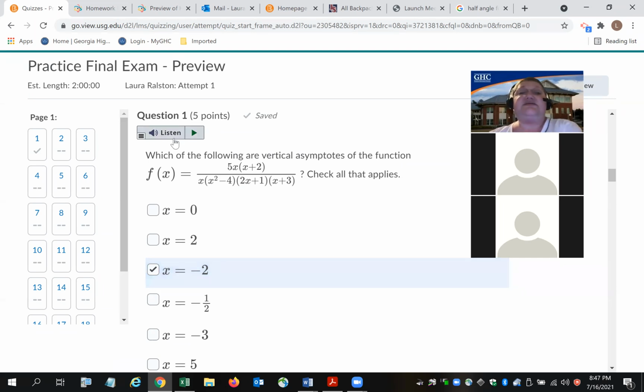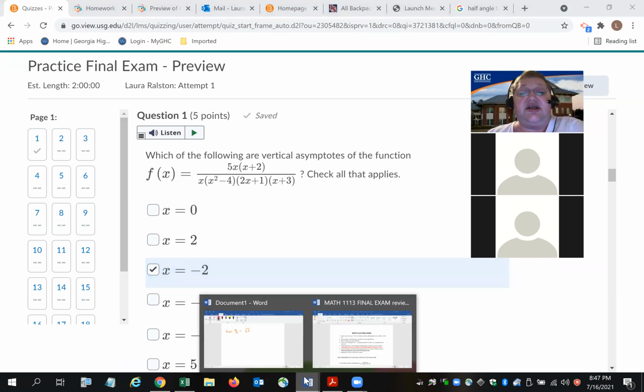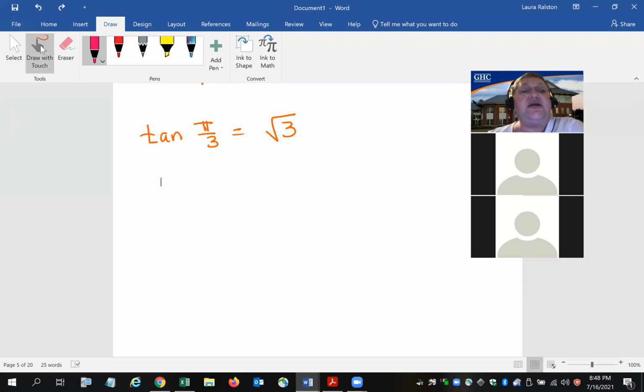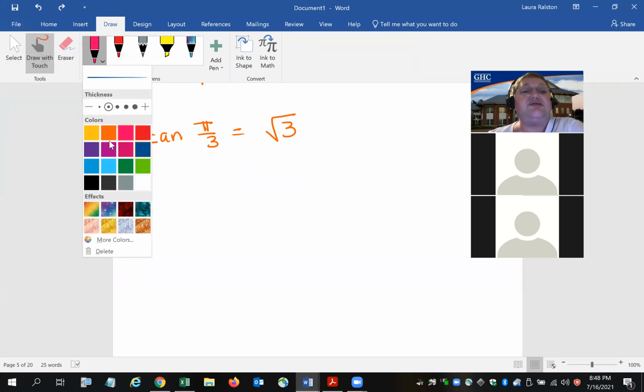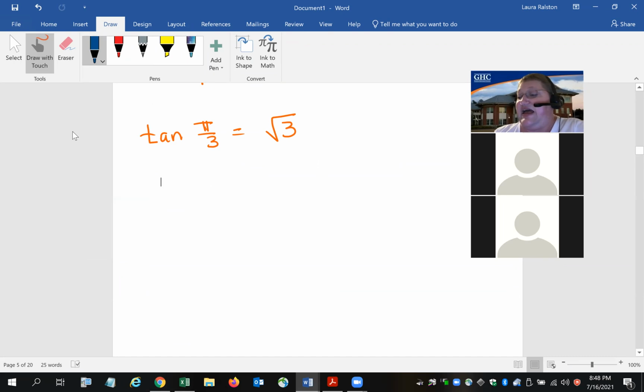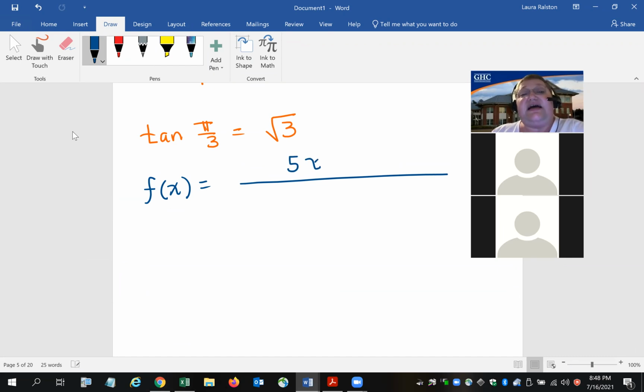Okay, so this is a rational function, from one of the early lessons in the course, and it asks you to find the vertical asymptotes. But what many of you failed to remember on the midterm is that you have to simplify this rational expression before you find the vertical asymptotes.